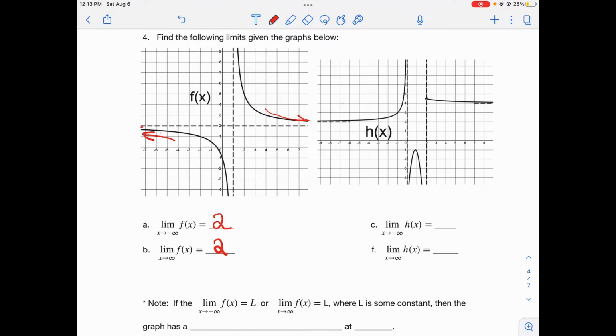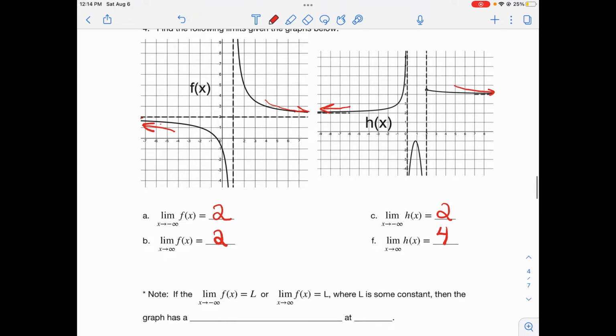On my h of x function here, as x goes to negative infinity, my graph is getting closer and closer to a height of 2. But as x approaches infinity, my graph is getting closer and closer to a height of 4. So we might not have the same answers there.